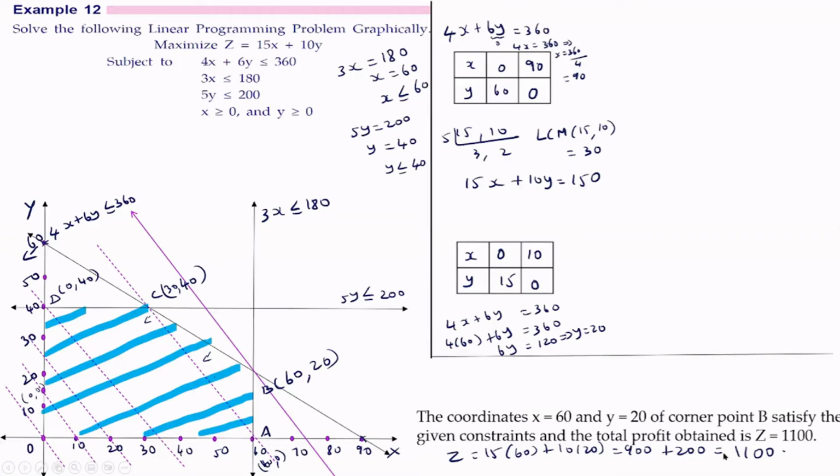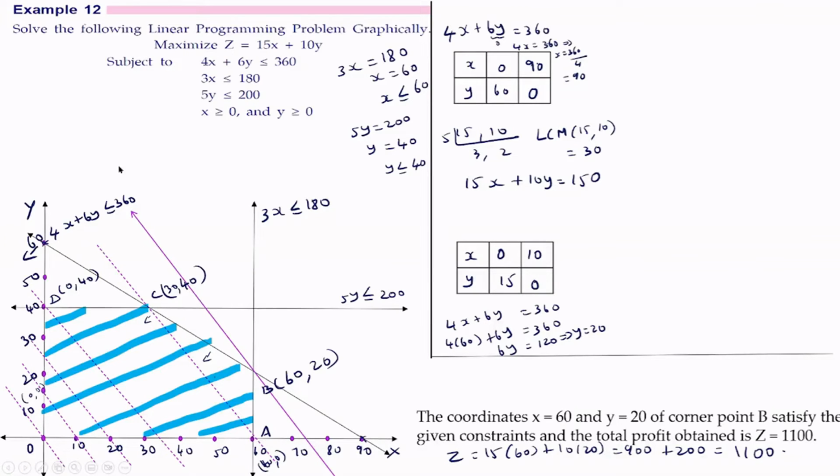So these are the steps involved in a maximization problem. In a maximization problem, we draw lines parallel to the line for which we have taken an arbitrary value of Z, and we find the line which is farthest from the origin.